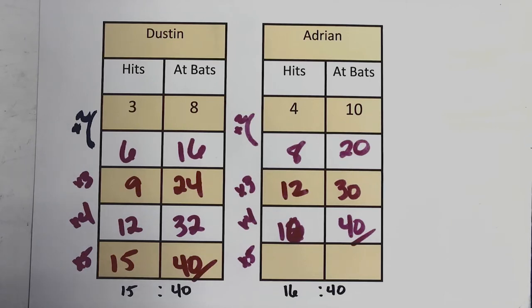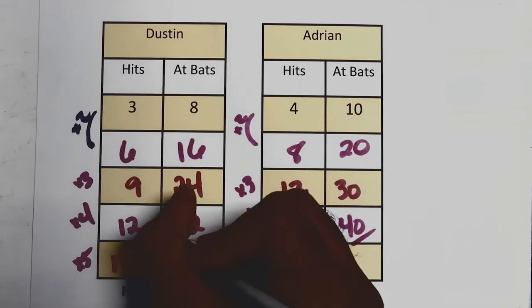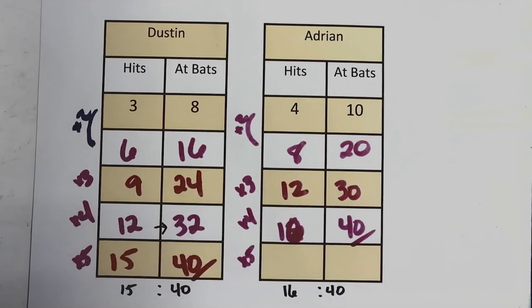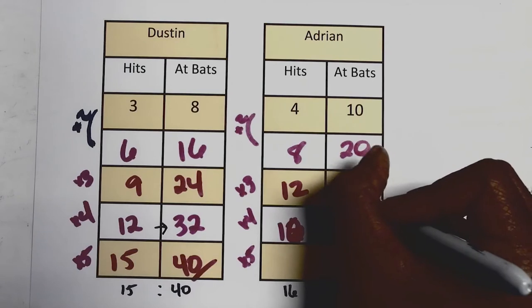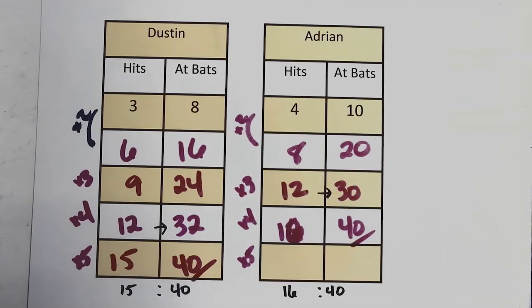Yes, Dustin reaches 12 hits at 32 at-bats, where Adrian reaches 12 hits at 30 at-bats. So Adrian still has a better at-bat ratio. Good job. Let's look into the next problem.